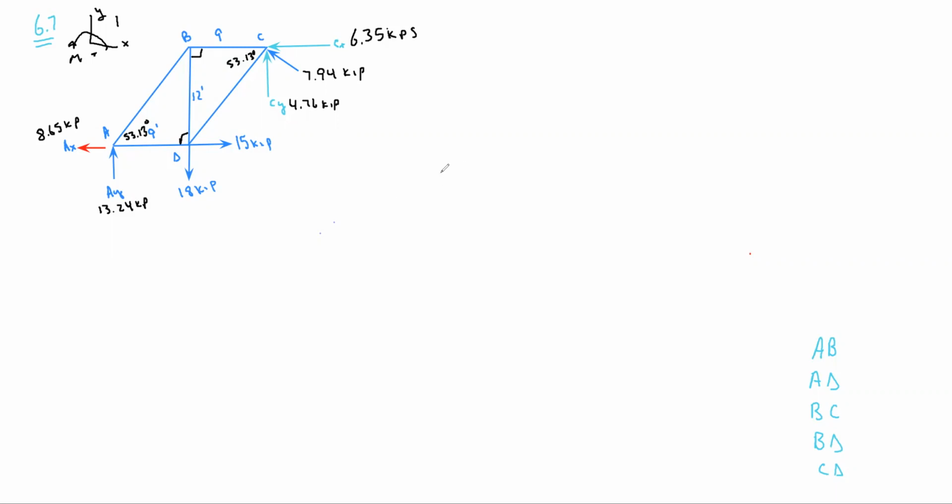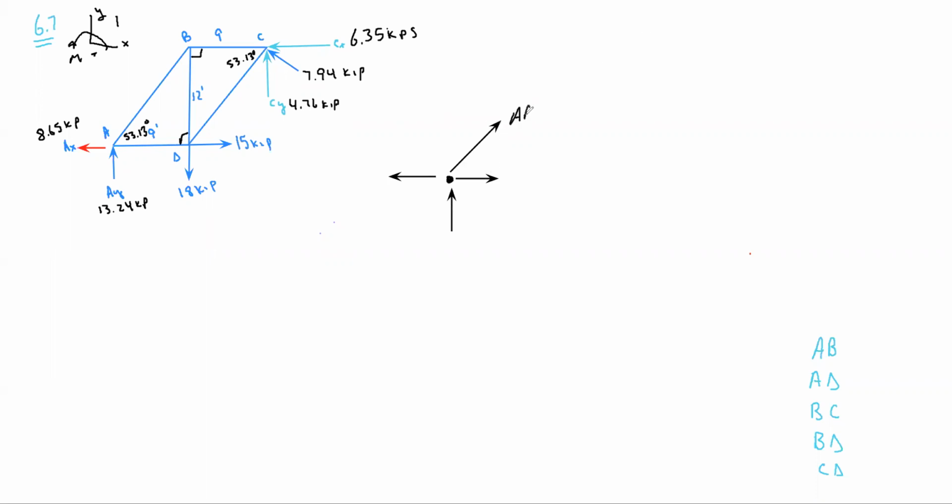Starting at point A, I'm going to draw my free body diagram for point A. And at point A, we have AY, we have AX, we have AD, and we have AB.